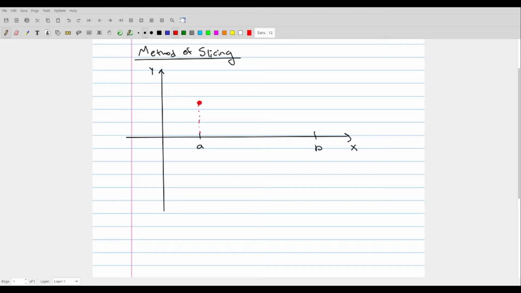Say it's this value at A, and if I revolve this function around the x-axis, we're going to get a carbon copy of the function, but it'll be upside down.